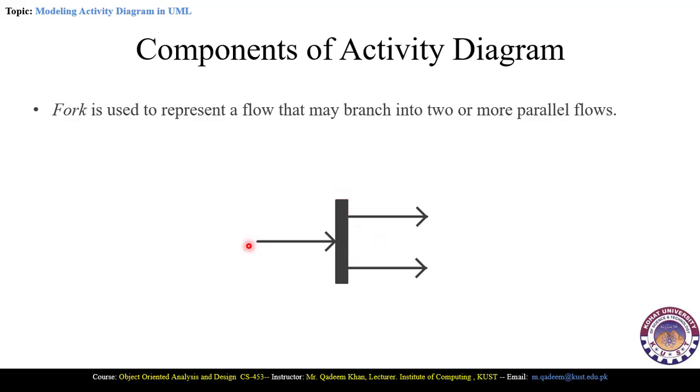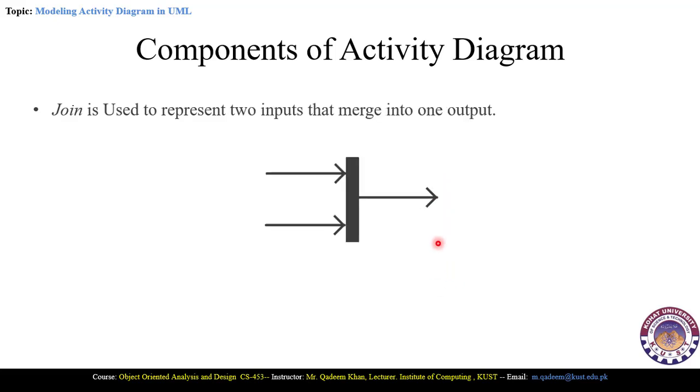So, for example, this is the incoming action, and when this action is executed, multiple other actions will be executed. Each of these multiple activities or actions is defined here with the arrowhead, which connects certain actions that are executed in parallel.